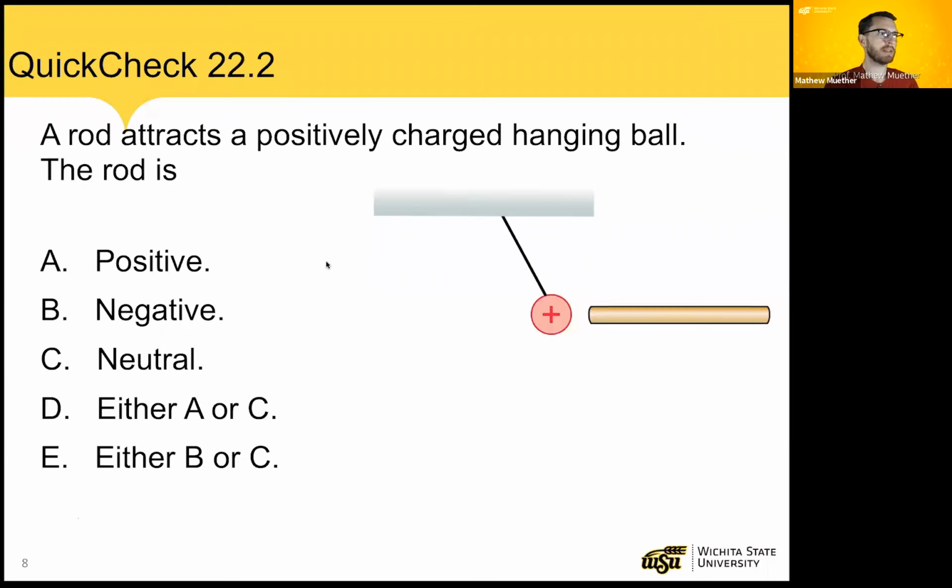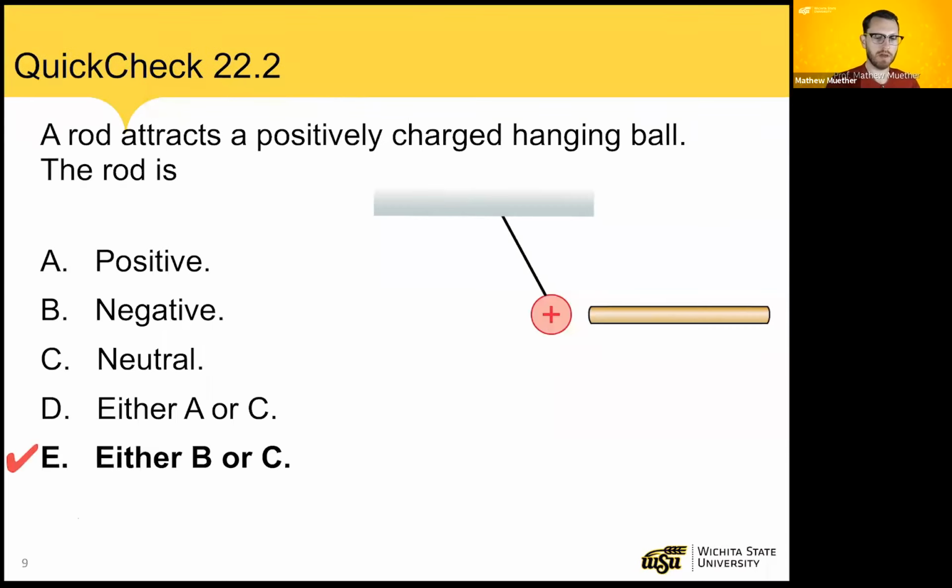Okay, I'm going to end the poll. The majority of you selected that it could be either negative or neutral. And that's the correct answer here. If this was a negatively charged rod, there would certainly be attraction between the dissimilar charges. If this was a neutral rod, it would have a mix of positive and negatives, but those positive and negative charges would separate themselves as much as possible.